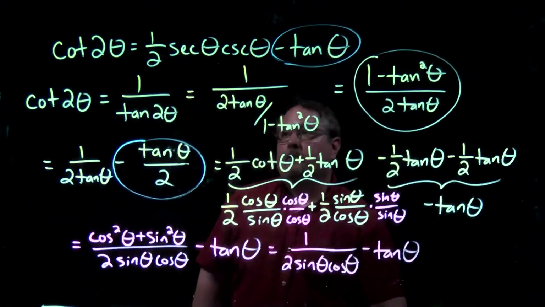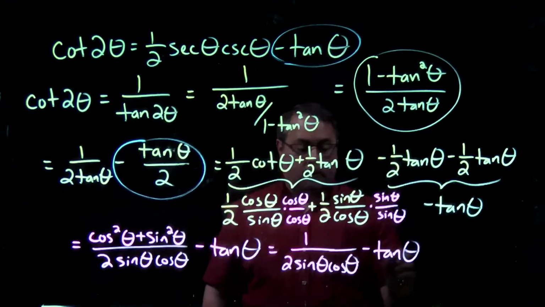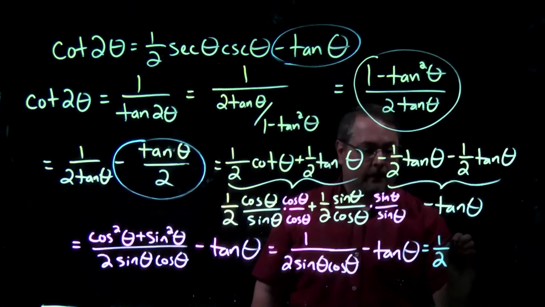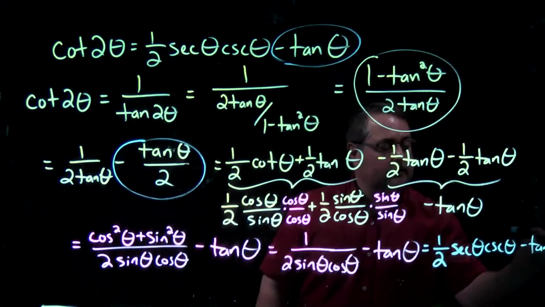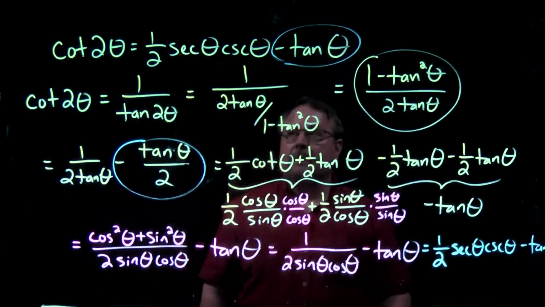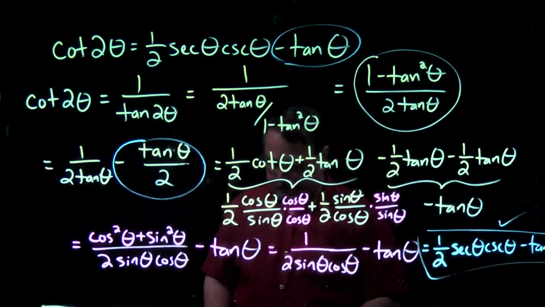Okay, and then finally, we're going to use our reciprocal identities, and we'll note that 1 over 2 sine theta cosine theta is the same thing as 1/2 secant theta cosecant theta. Okay, because 1/sin theta is cosecant, 1/cosine theta is secant. Okay, and that's exactly what we set out to prove.